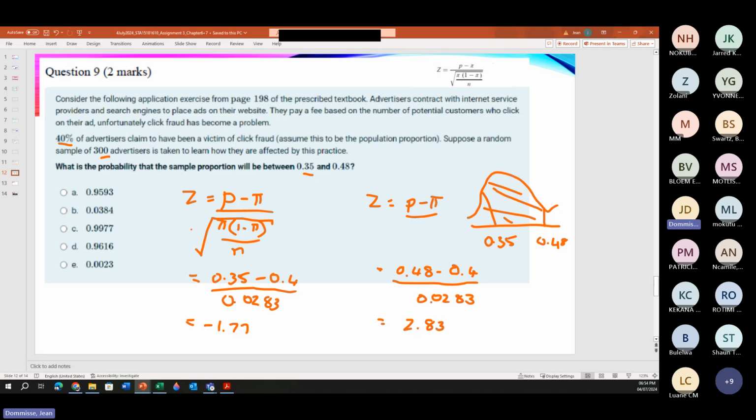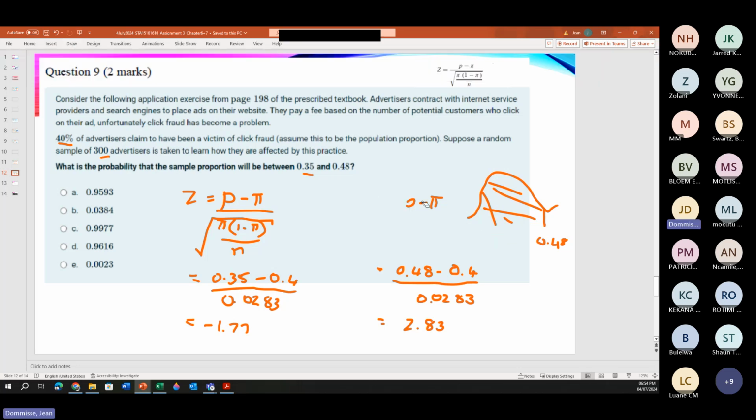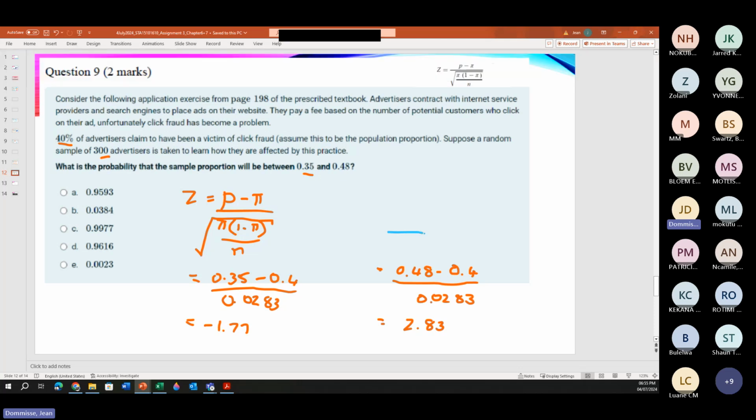So let's redraw it and see what we get. I'm taking that away so that I've got enough space.